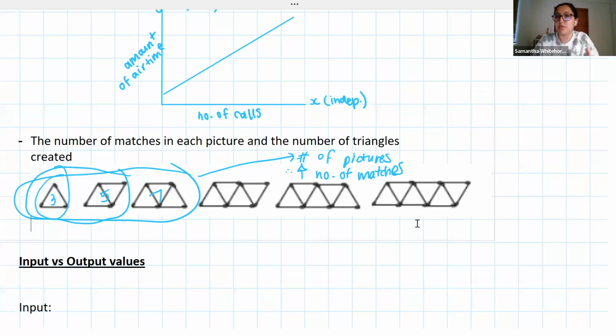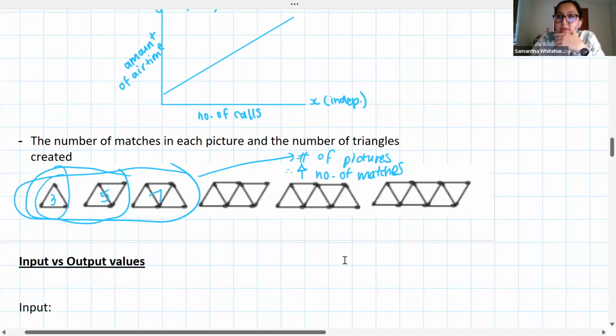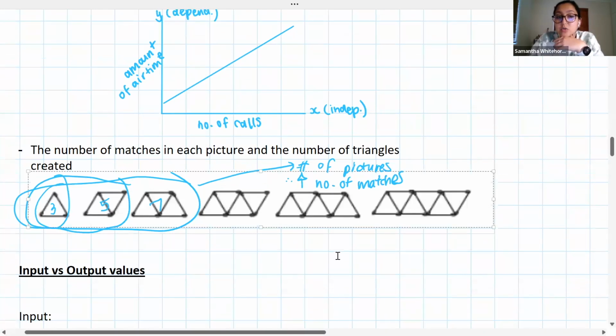It's not possible for me to build another picture without more matches in order for me to continue the pattern. All right, so we need to be very mindful of what the scenario is and how it now relates back to that whole idea of what is the relationship between my values or my relationship in the context of the question. Right, so a couple of you said less, so I just want to make sure we're all happy with why more pictures means I need more matches.